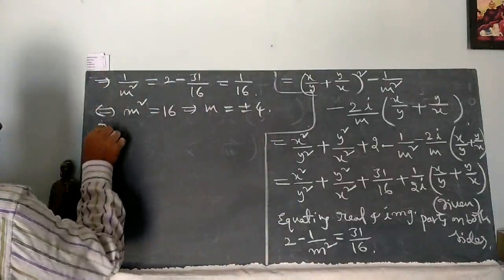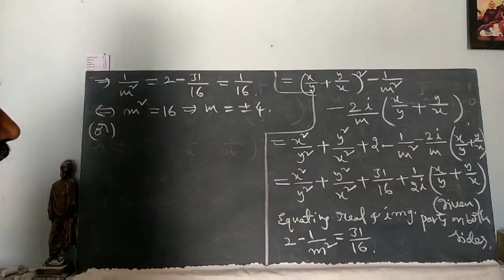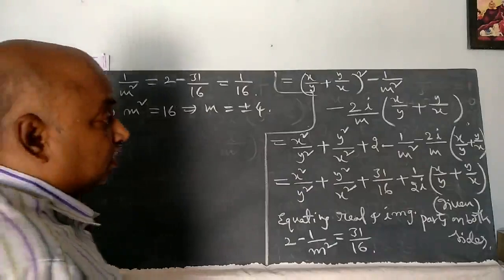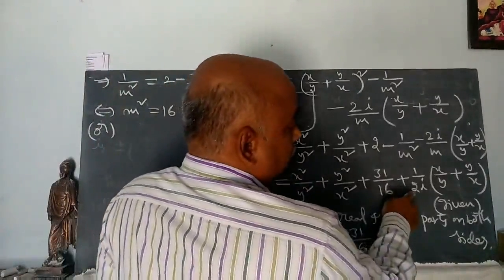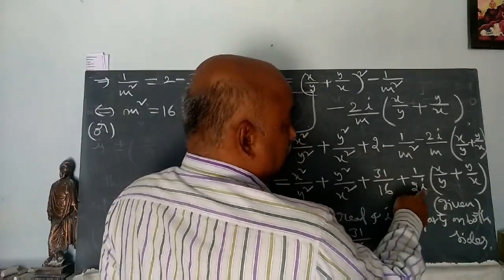Or equating the imaginary parts. Here multiplying and dividing by i, so i square is minus 1.